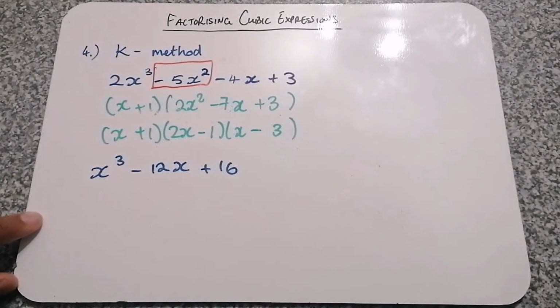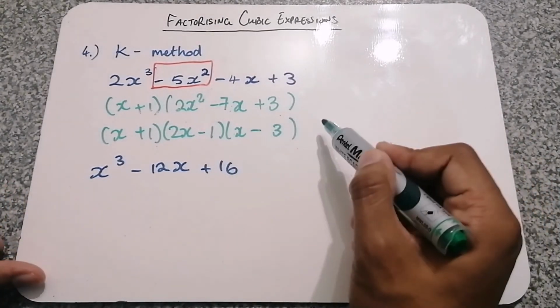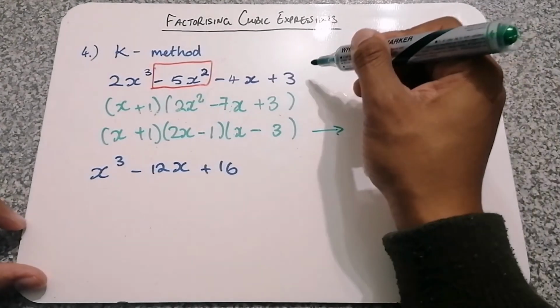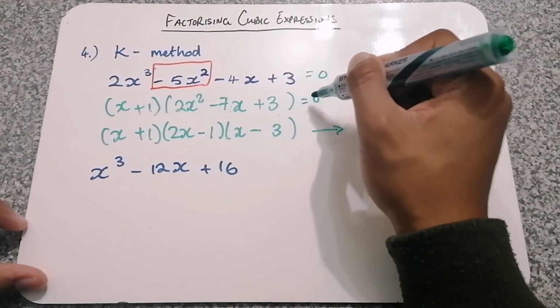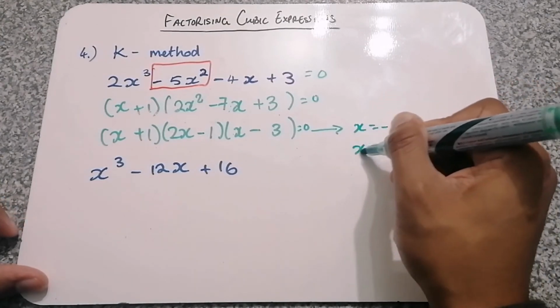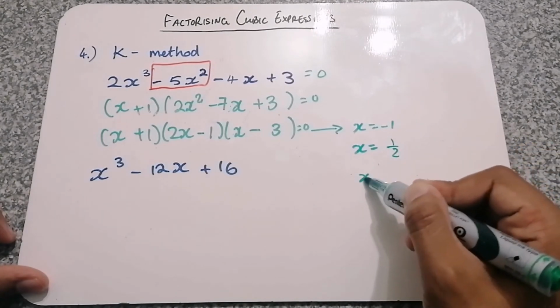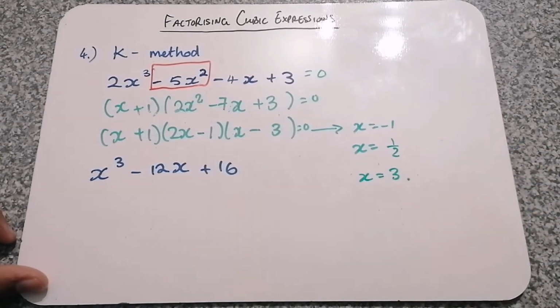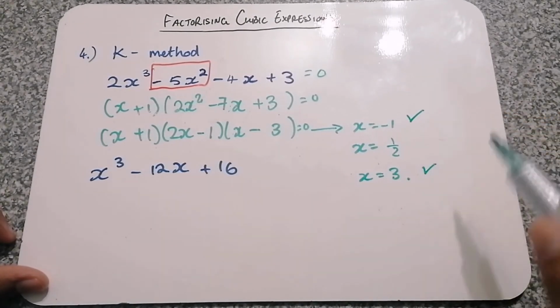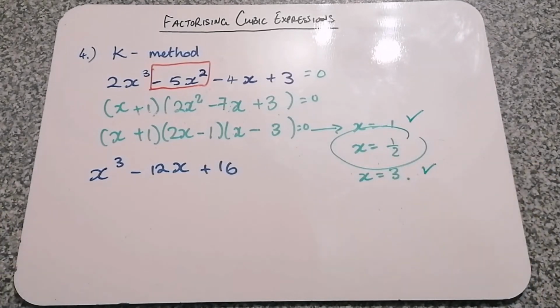So both signs should be the same. It's negative and negative. And here we can write down the solutions. If this were to be an equation, we'd write down the solutions as x is equal to negative 1, or x is equal to 1 over 2, positive, and x is equal to positive 3. These two we found on the calculator, but we had to do a little magic to find this one.